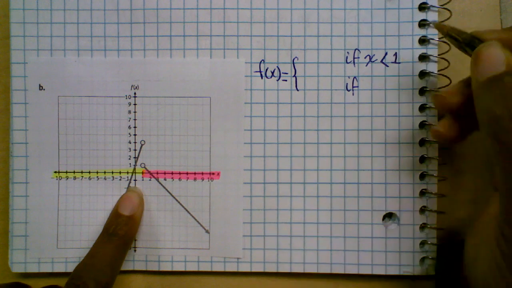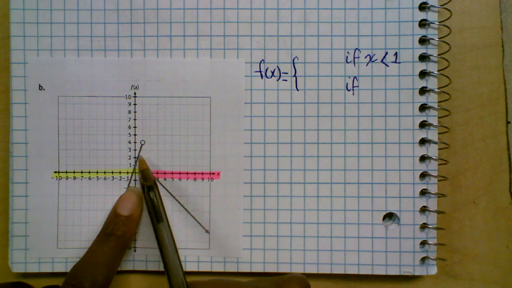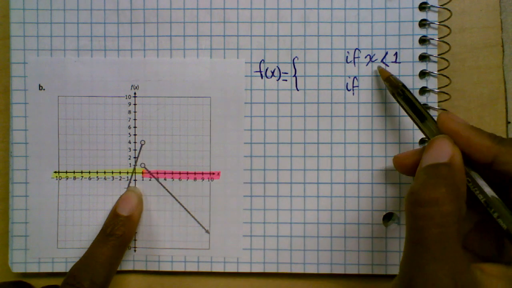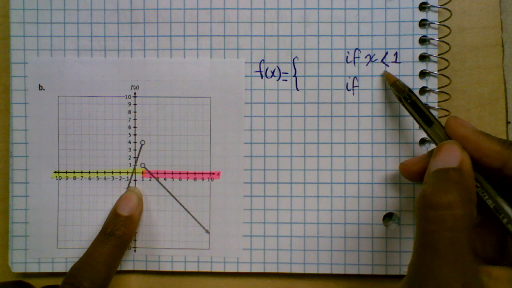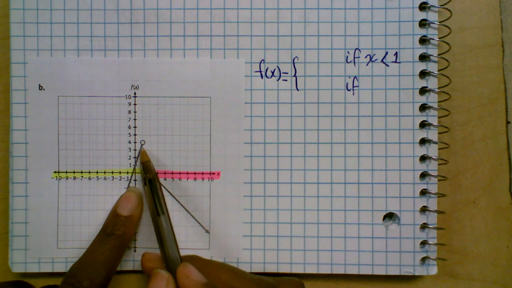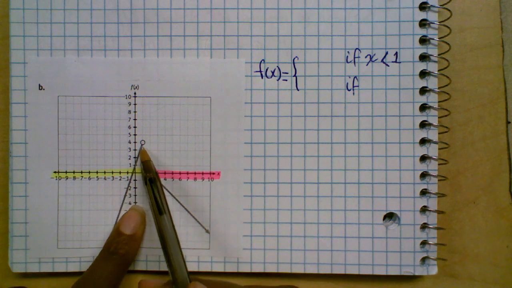Now at 1, I need to find out if we have a full dot or an open dot. I see here you have an open dot. Because it's open, there's no line under the inequality. Why? If x is equal to positive 1, the x value cannot be 1. You have to be less than 1.